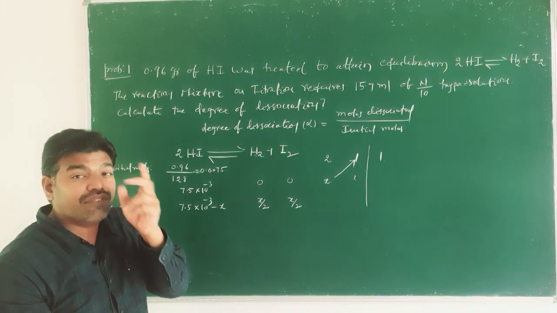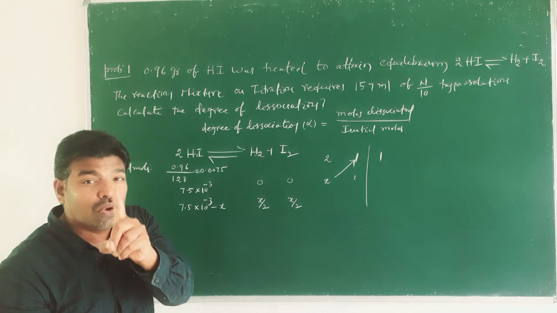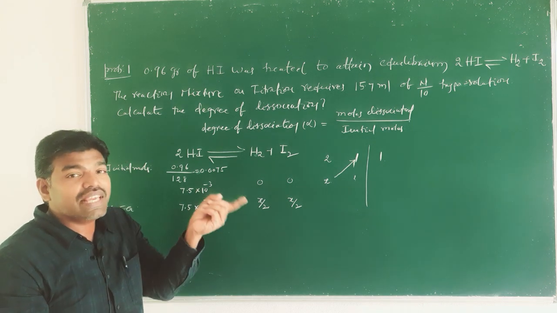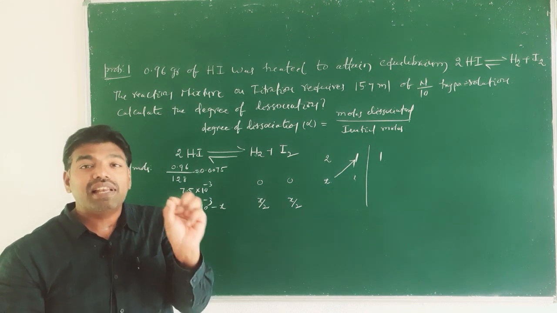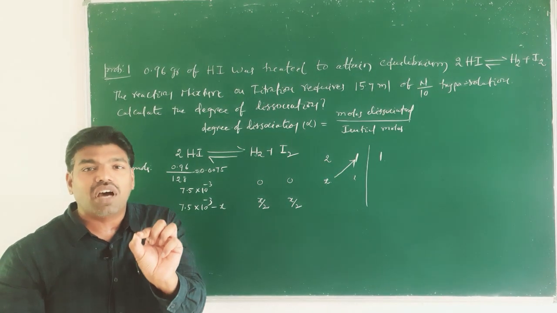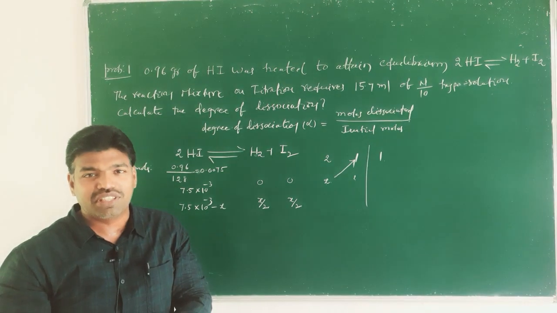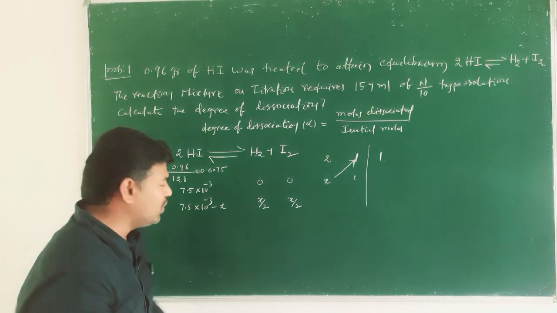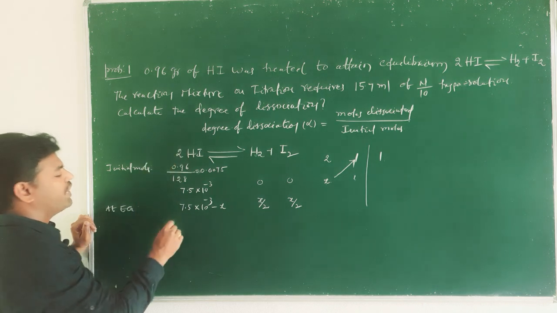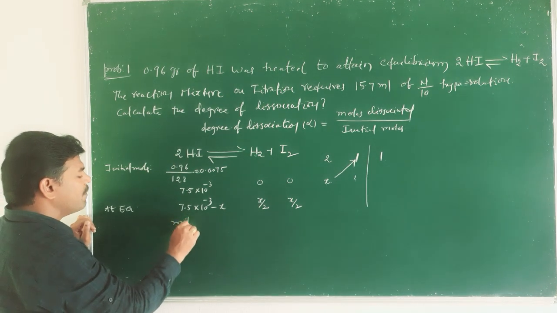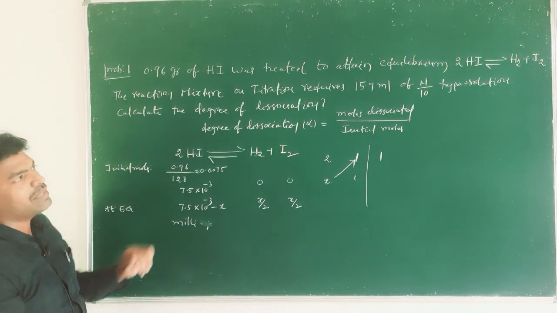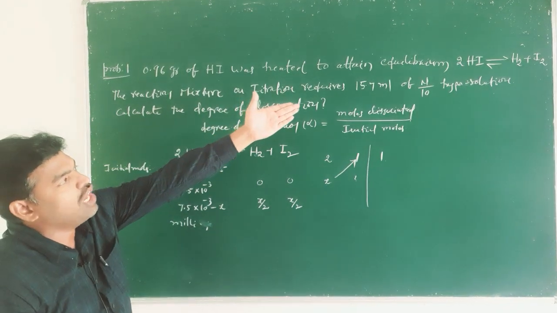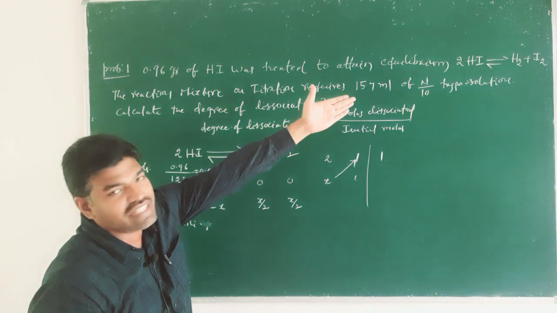Remember one point: whenever a titration is going on, milli equivalents of titrant are equal to milli equivalents of analyte. I am taking milli equivalents because the given data is volume in ml and the concentration is normality.